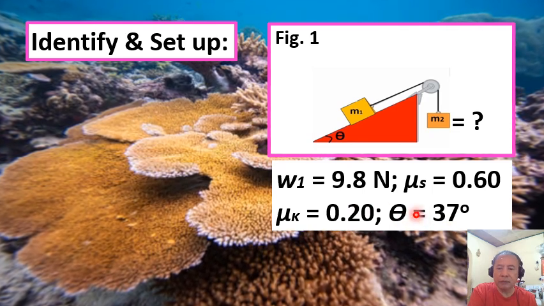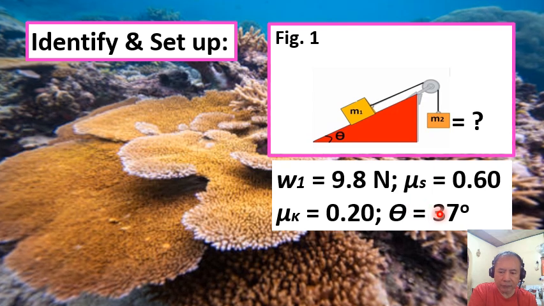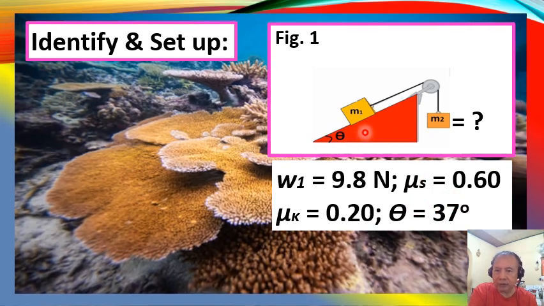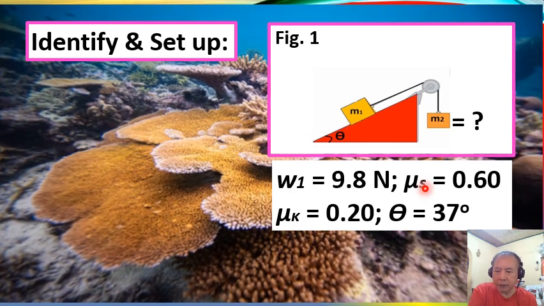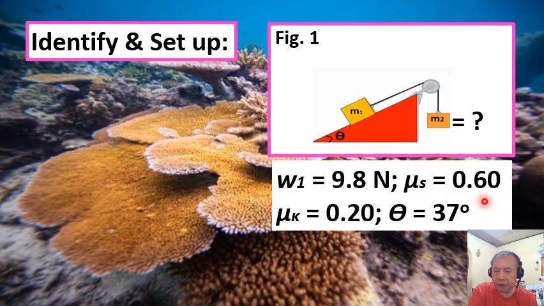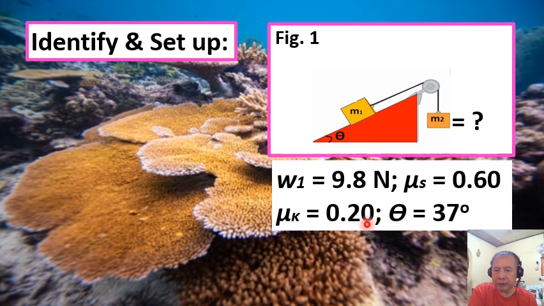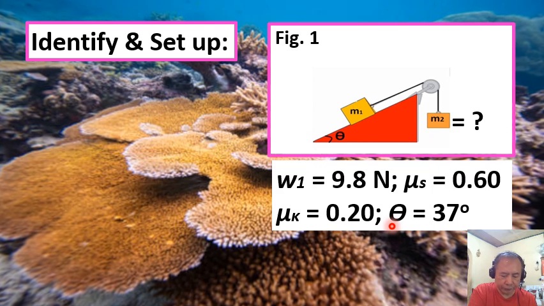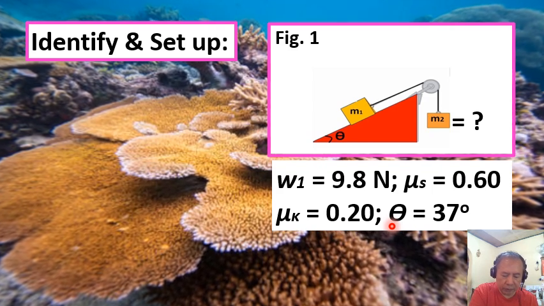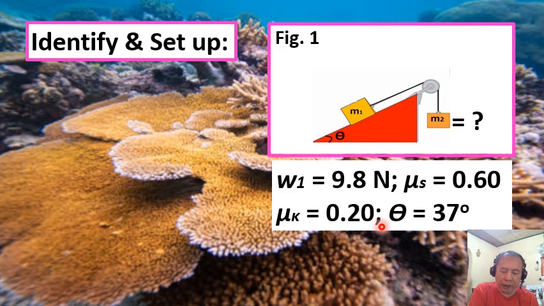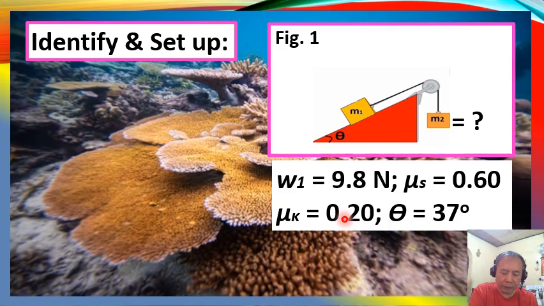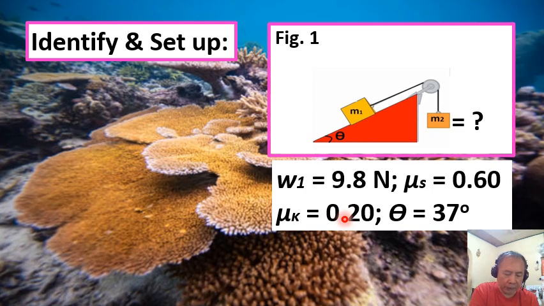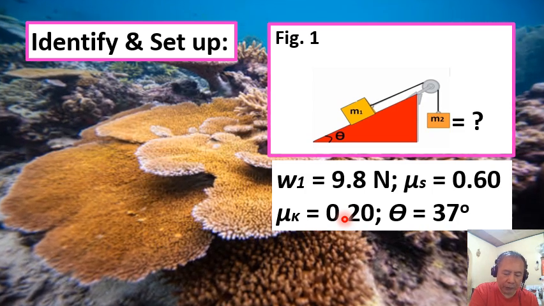The coefficient of static friction between the surface of the incline and the mass m1 is 0.60, while the coefficient of kinetic friction is 0.20. So we identify and label the forces acting on each block in this vector free body diagram.